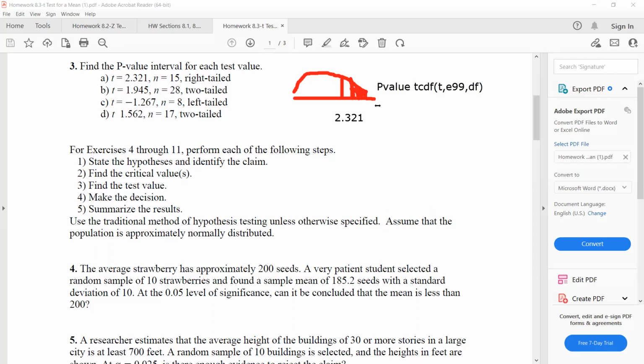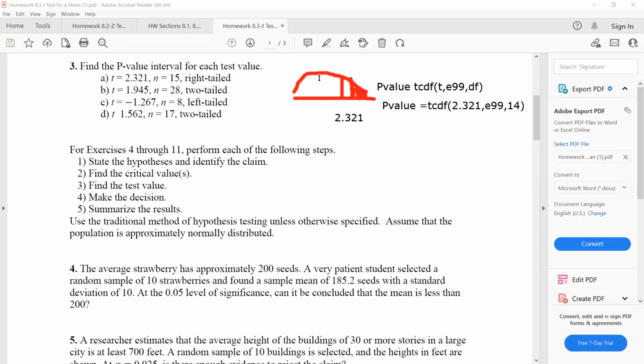So in this case, the p-value is going to equal TCDF from 2.321 to infinity with a degree of freedom of 14. Okay.